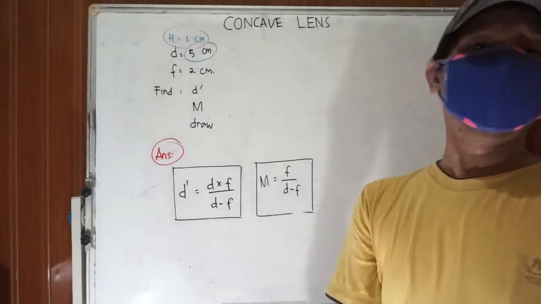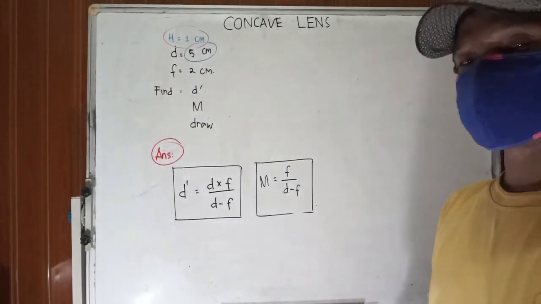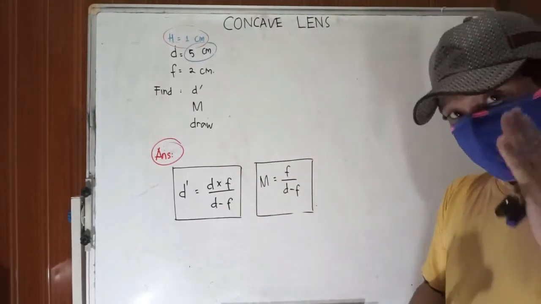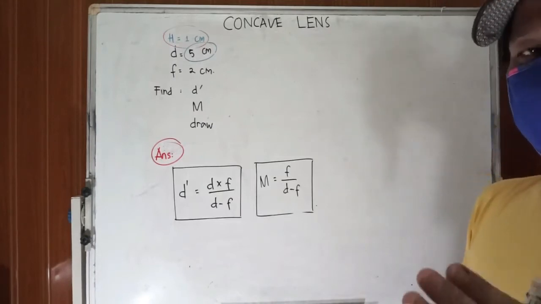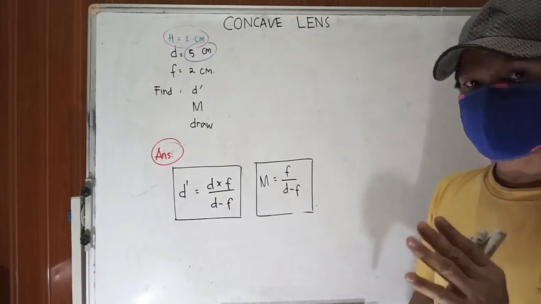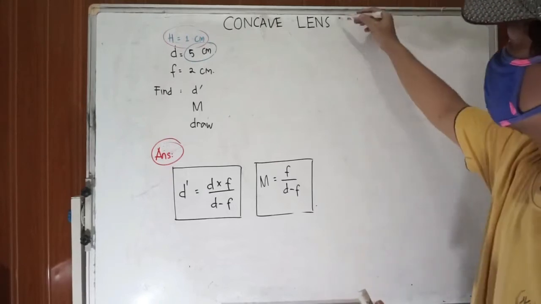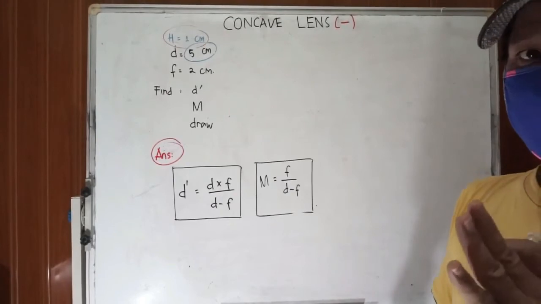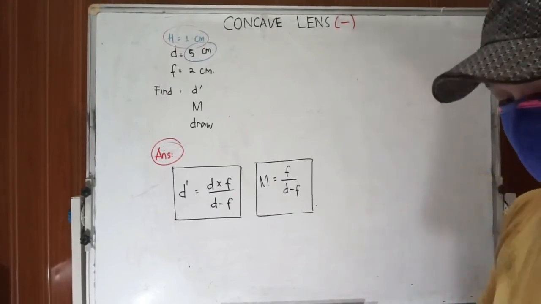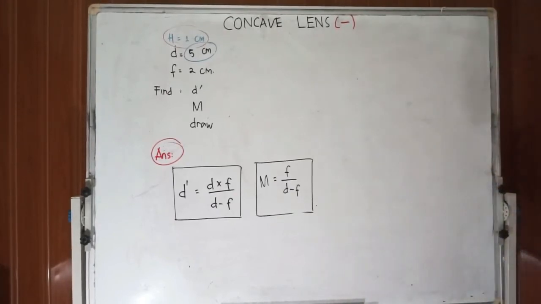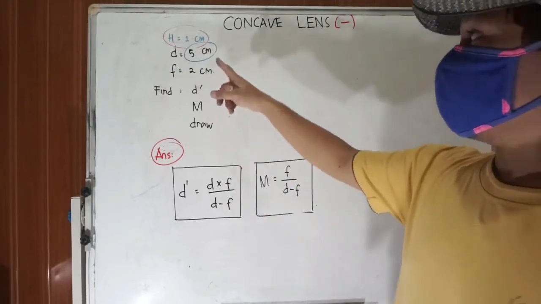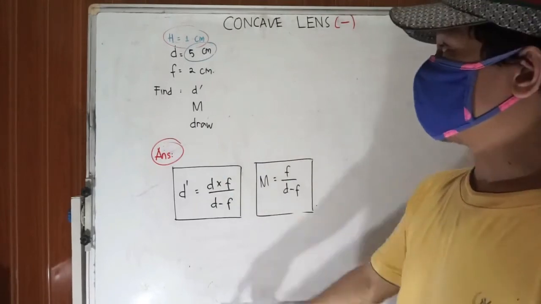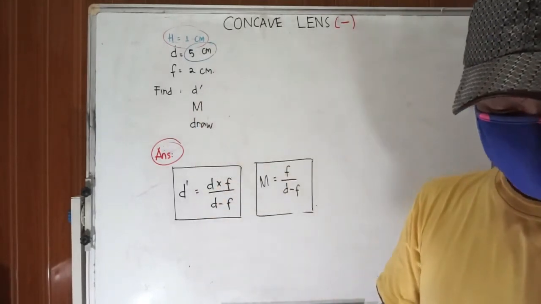Number 3 is talking about a concave lens. Listen and remember, concave lens is a diverging lens or negative lens. The information is: height of the object is 1 centimeter, the object distance is 5 centimeter and focal length is 2 centimeter.